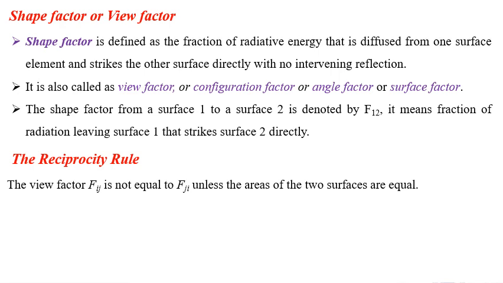Fi-j or F1-2 is equal to the radiation energy leaving surface i that reaches surface j directly, divided by the total energy leaving surface i.